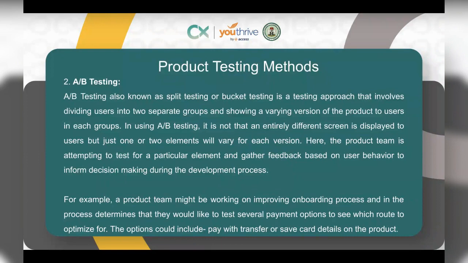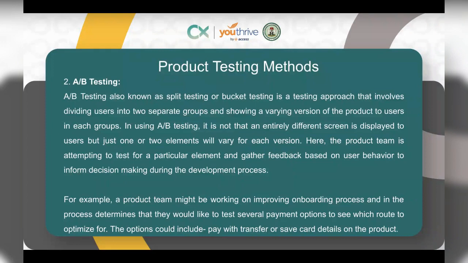And you say, okay, we can implement pay with transfer, or we can implement pay with card, and we save users' details on the product. But you don't know which of these payment options the users will be more receptive to. So you conduct A/B testing. Of your 1,000 users, you can leave 500 users as your control, and then split the remaining 500 into 250, 250.